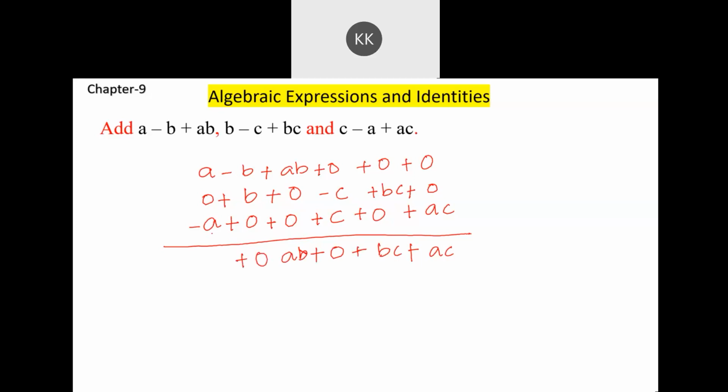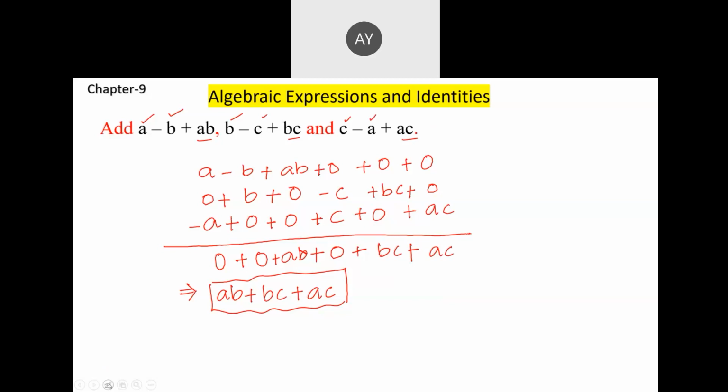This term will become 0. What is the final result? The final result is ab plus bc plus ac. This is the result we obtained. So finally what has happened is a term, b term, they get cancelled. C term also gets cancelled. Only these will be left out.